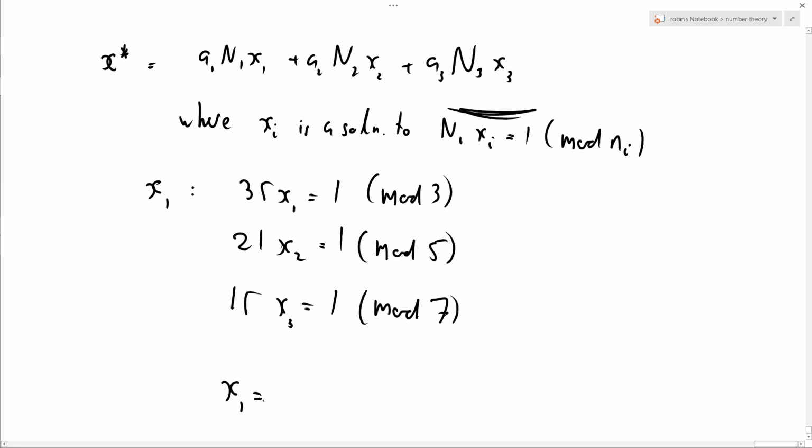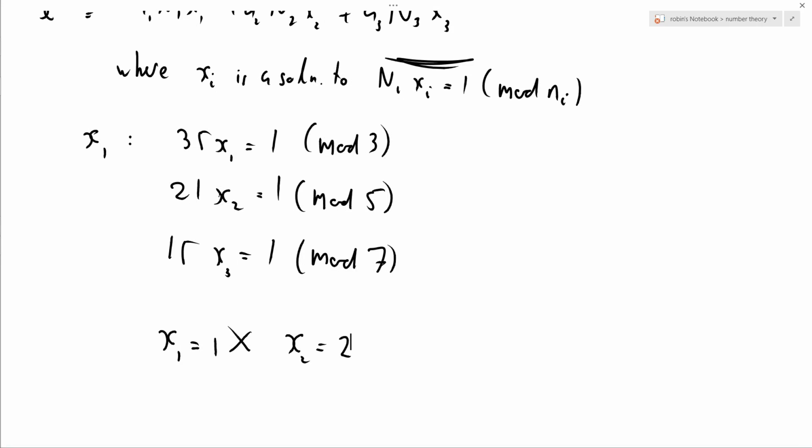x1 equals 1 isn't a solution. x1 equals 1, that's no good. x1 equals 2, yeah, that's good, because it's 70, which is 69 plus 1, so that'll do. x2 equals, well, 1 will do because 21 equals 1 modulo 5.